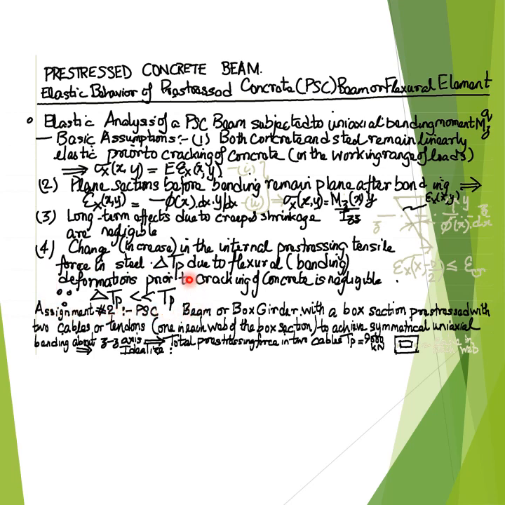Mathematically, the assumption number 4 can be expressed as delta Tp, that is the change or increase in the internal pre-stressing tensile force in the steel or concrete in the pre-stressed concrete beam, is much less than the original pre-stressing force Tp that is induced by the pre-stressing operation in the pre-stressing steel and subsequently transferred to the concrete at the time of transfer.